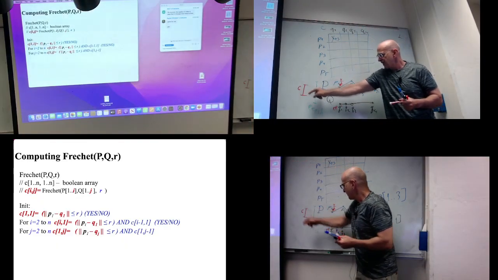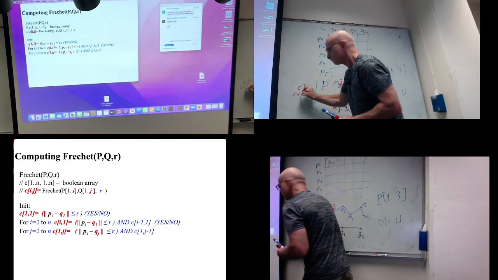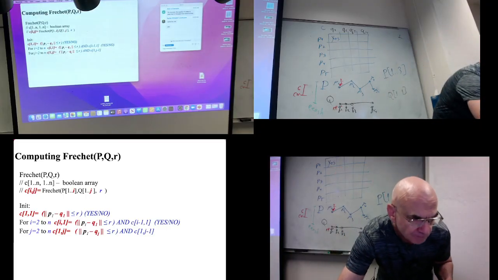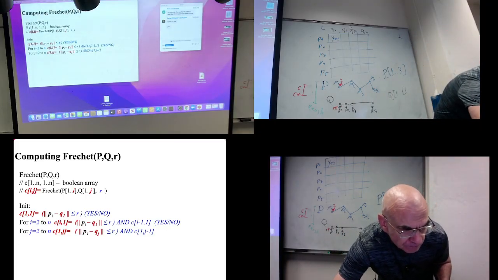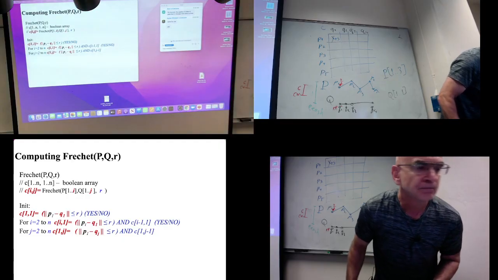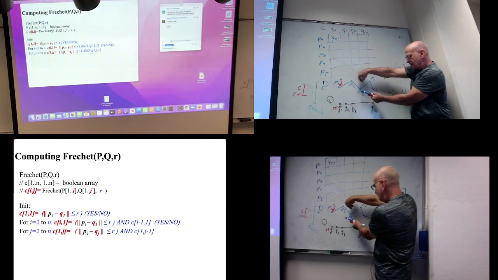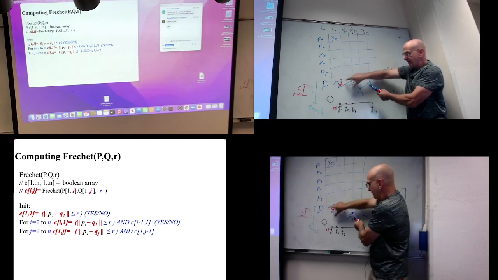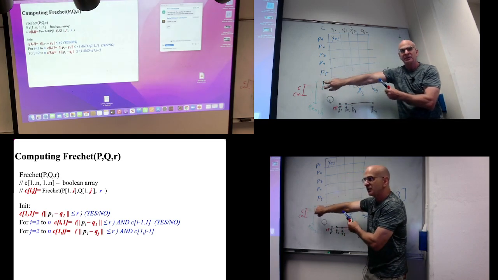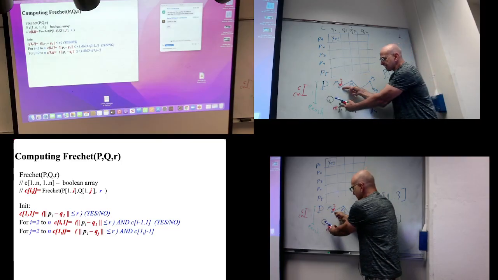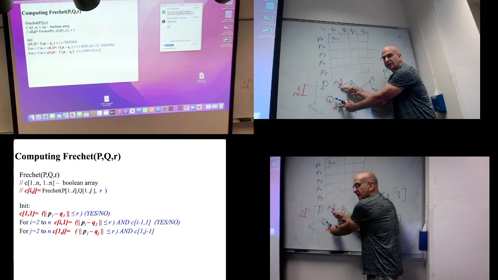With a leash of 6 centimeters, I ask, can the person on the rope roll all the way using a leash of 6 centimeters? But they always start at P1 and Q1.